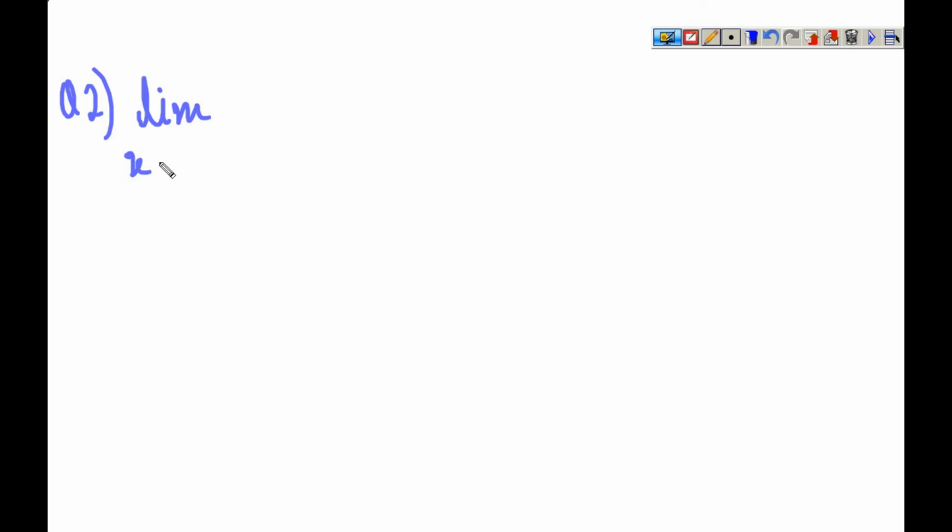So moving on to another problem. To better understand this, we have question number 2. So let's solve this. We have to find the limit of this function when x is approaching 2, and in the numerator we have x square minus 4, and on the denominator we have x cube minus 4x square plus 4x.